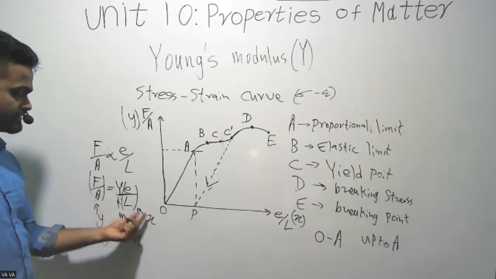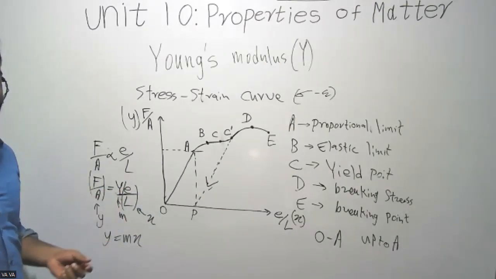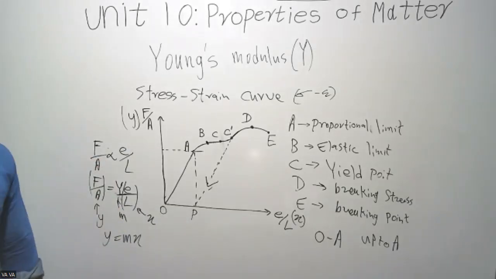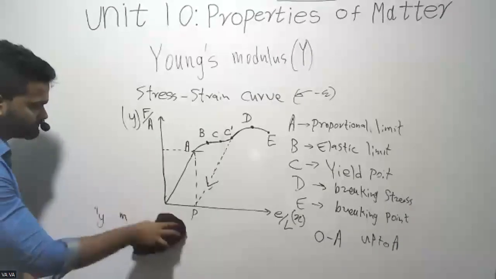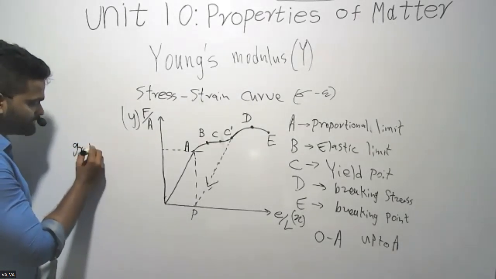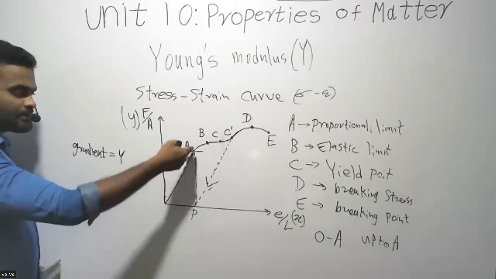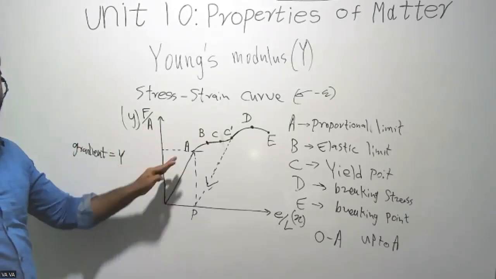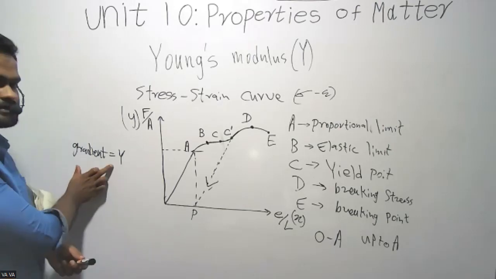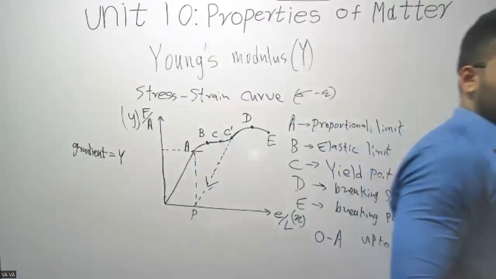So y is F over A, x is E over L, and the gradient should be capital Y. So it follows a y equals mx graph from O to A. So the gradient of this graph is capital Y. That is the Young's modulus. Write this down. Gradient is capital Y.